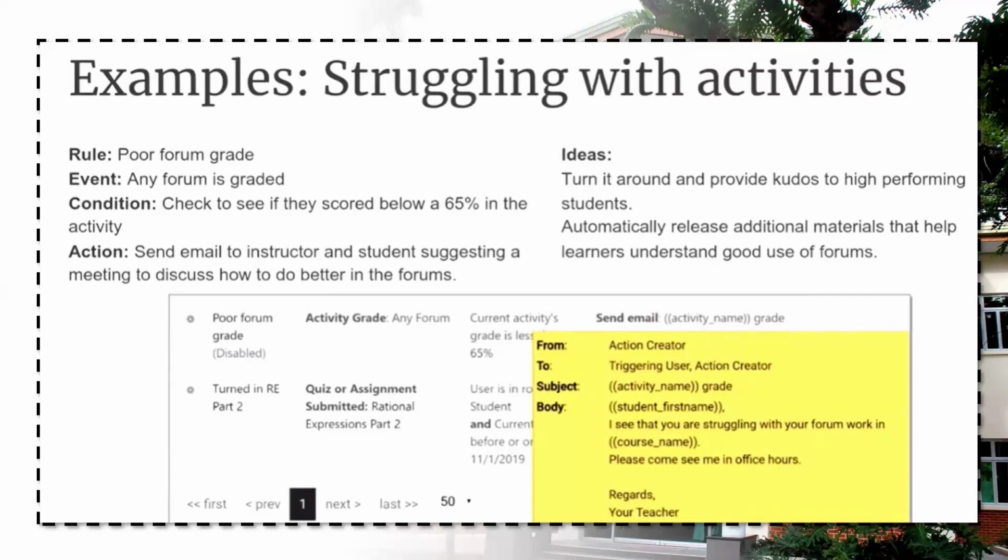What you want as an instructor is that whoever gets that low score will receive an email suggesting a meeting to discuss how to do better in the next forums, right?